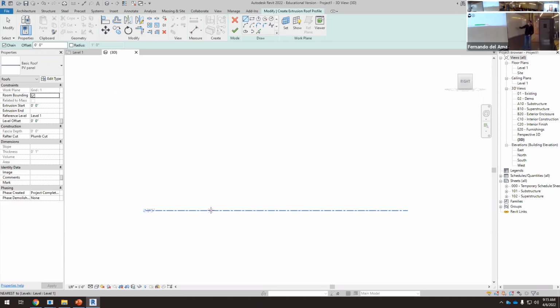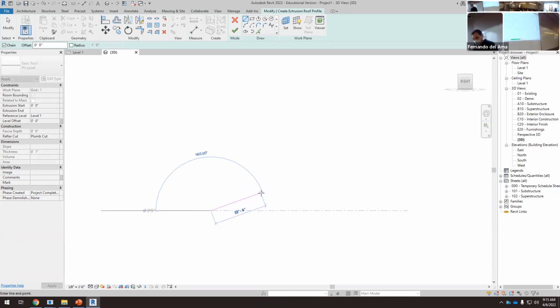So if this is 10, this angle would be 170. This is what I'm doing now. So I'm going to work with this angle, 170. Go. And then the length of the panel, what's the length of the panel? Interesting question.